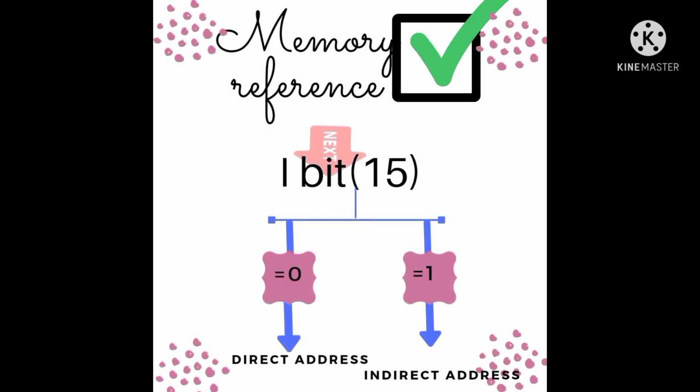If it is a memory reference instruction, we have to find out whether the address given is direct or indirect. For this purpose, we have to check the 15th bit, the I bit. If the value of the I bit is 0, it means the address given is a direct address. Otherwise, it is an indirect address.